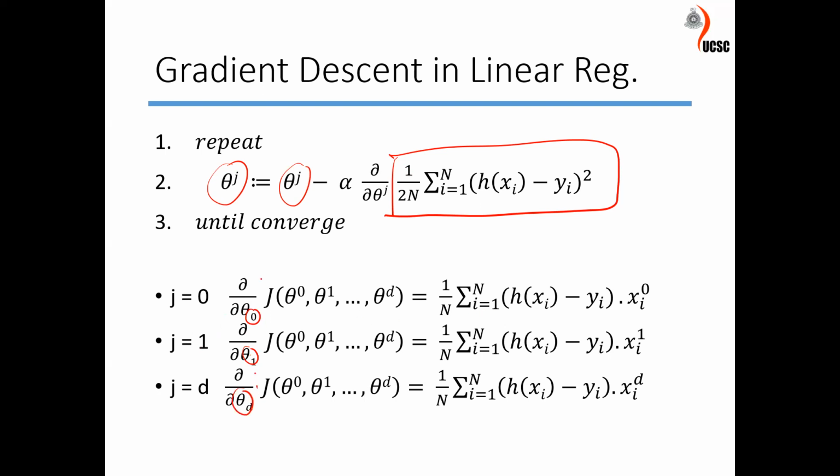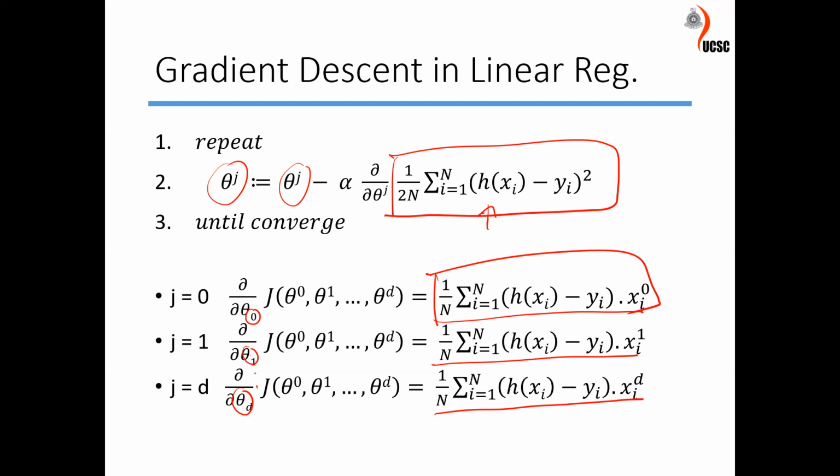After you take the partial derivatives of the cost function, you end up with some value like this. If you derive this cost function with respect to theta naught, this will give something like this. I'm not going to discuss the mathematical aspects since you are not coming from a mathematical base; I'm just giving a surface idea.